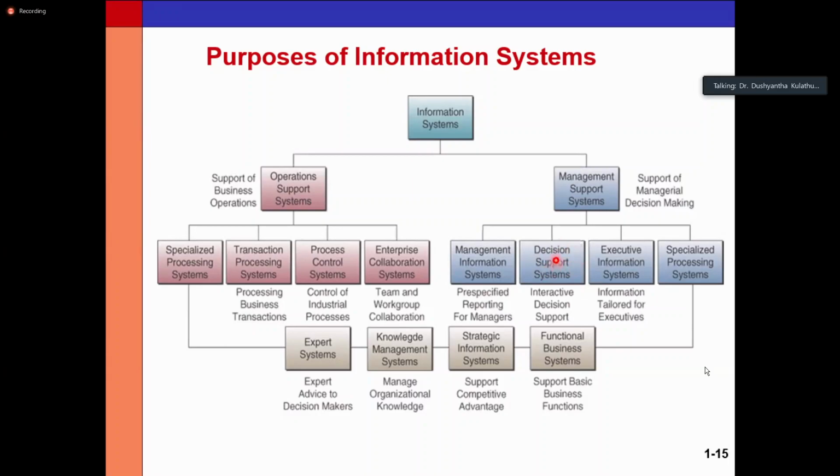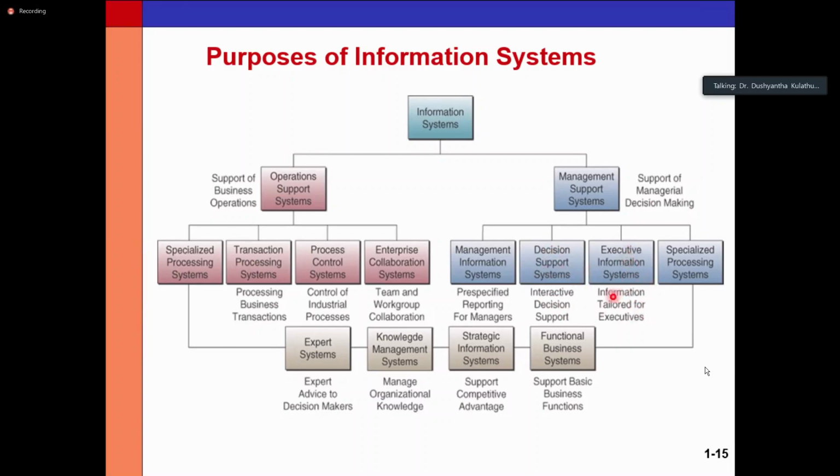Decision support systems provide interactive decision support. That means the information requirement cannot be predefined. If we can predefine it, we can obtain it through management information systems. If we cannot predefine it, we may have to rely on decision support systems.